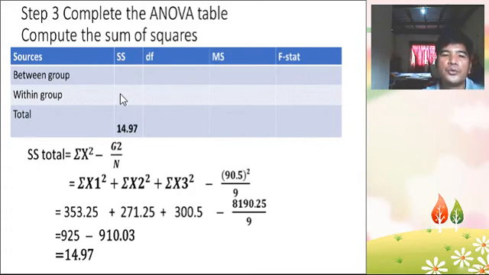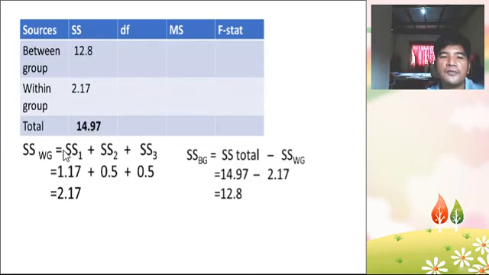Okay, how are we going to get the SS for within group and the SS for between group? To compute the SS for within group, you add the sum of squares for treatment 1, treatment 2, and treatment 3: 1.17 plus 0.5 plus 0.5. These were computed in step 2 or step 1. You add these 3, you will get 2.17. That's why this is 2.17.